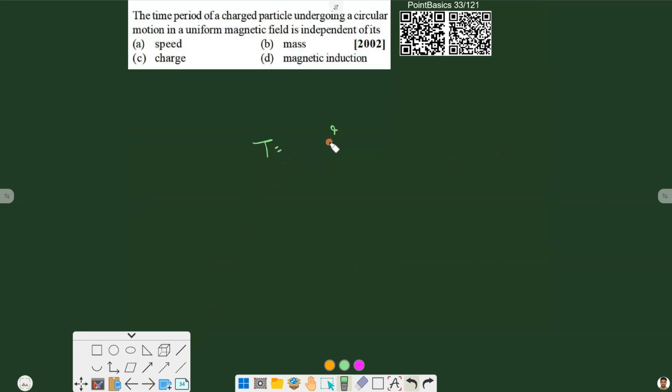From this we can see the time period depends upon mass, magnetic field, and charge. So we have only one option left, that is speed. The time period does not depend upon the speed of the particle, it stays constant. So option A will be the right answer here.